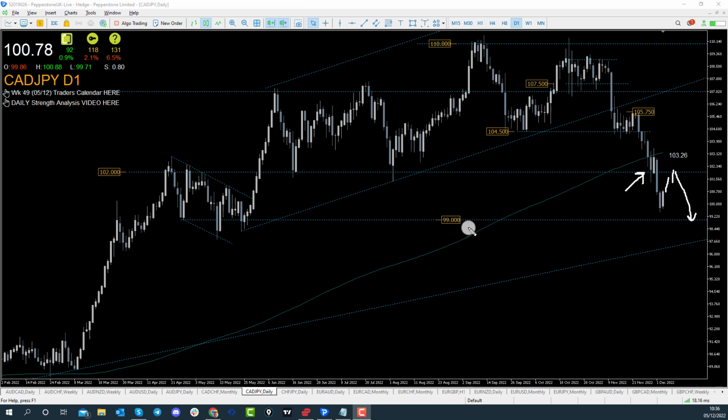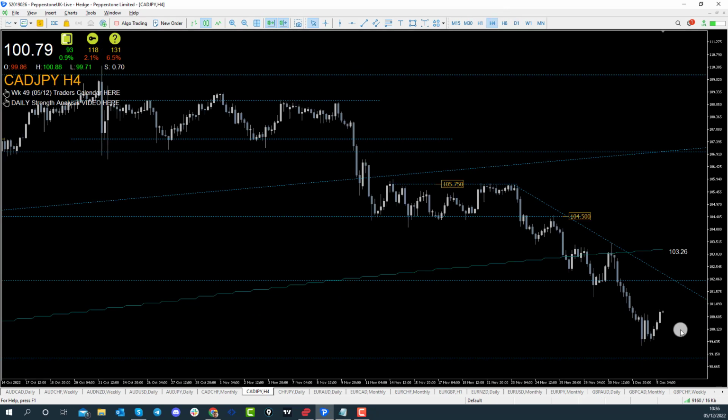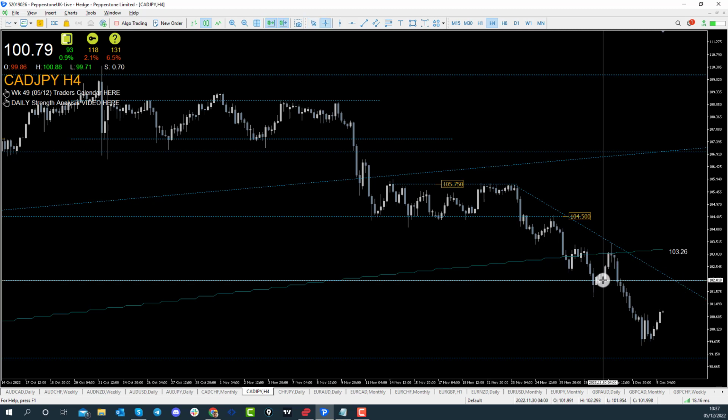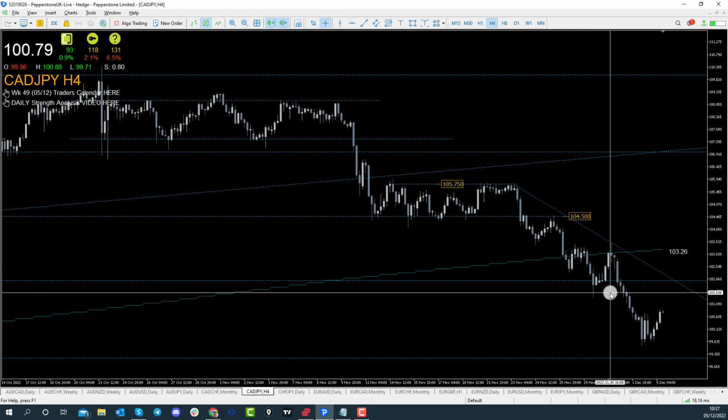Price may not want to pull all the way back. We may only see a slight recovery before the continuation. If that's the case, if I pop down to the 4-hour time frame, we may be looking for something a little bit here where we have this trend line resistance coming through. Again, the 102 handle does offer a nice resistance point because it has the confluence of the trend line and the horizontal resistance.